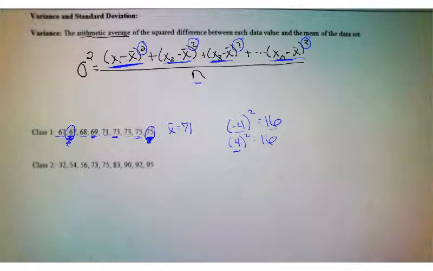Now, why is it that we have to add all these up and divide by how many there are? Well, consider this. If I wanted to compare two classes, let's say I wanted to compare two sections of my 120 and how they did on their first exam. It certainly wouldn't make sense to randomly select one student from each class and use that as my comparison, because the student that I select from each class may or may not be representative of the class as a whole.